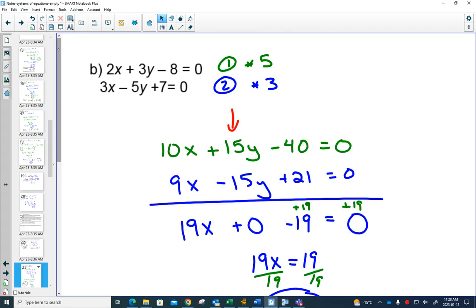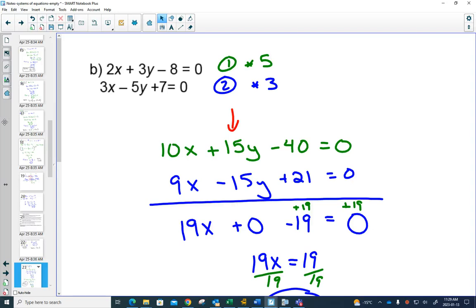Check the first one. Is 2 plus 6 minus 8 equal to 0? Yes. Check the second one. Is 3. Oh, x was what? X was 1? Yeah. 3 minus 10, negative 7, plus 7 equal to 0? Yes. Okay. Excellent.